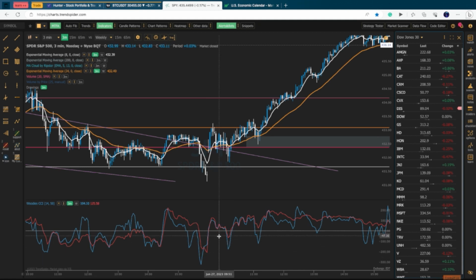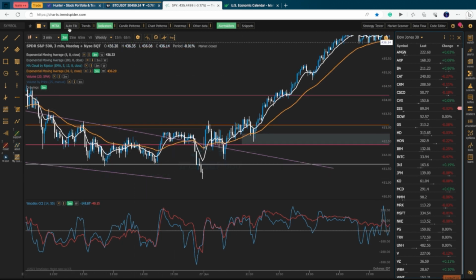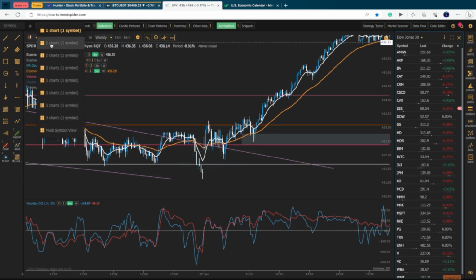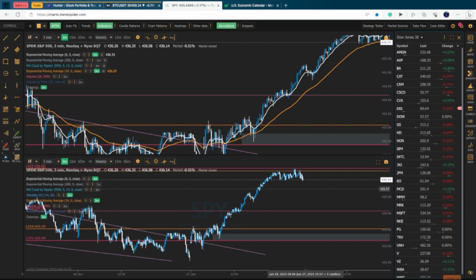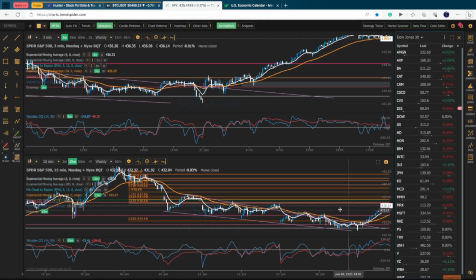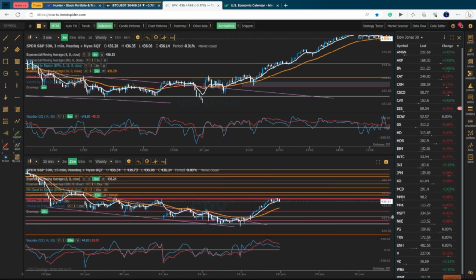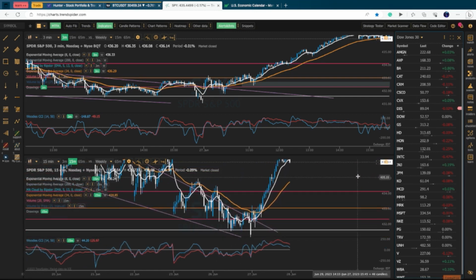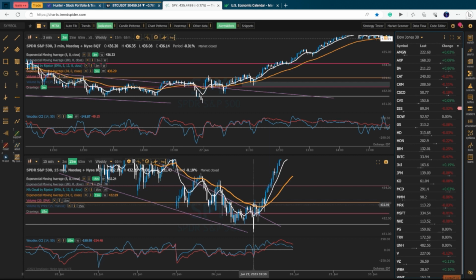Because if I don't have, look at the 3 and 15 here, and then let me pull up the dual chart again. Dual chart. Put up the 15 minute. If you look in the morning, this is what I was looking for all morning. I was looking for that confirmation.